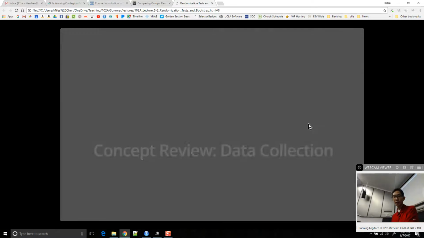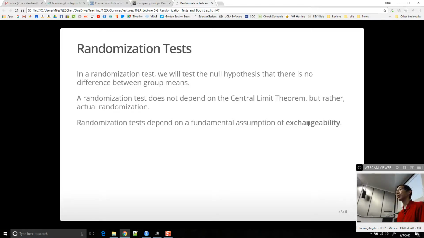We'll define exchangeability in a moment, but in short, just so you have an idea, exchangeability is the idea that one observation can be exchanged with another observation without fundamentally changing the nature of the data.